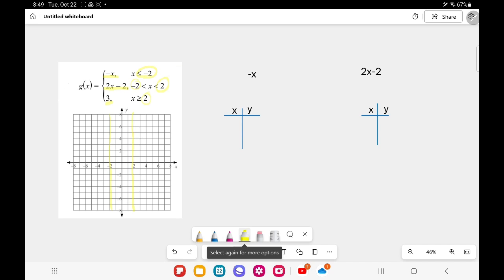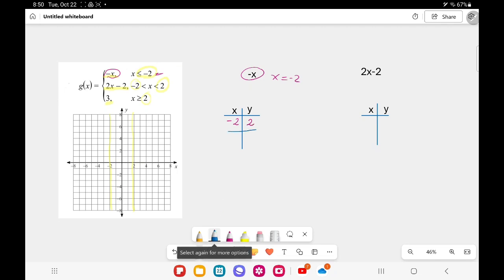So let's figure it out. We need to evaluate at the restrictions. So the first equation, negative x, I am going to evaluate when x is negative 2. y will be positive 2.